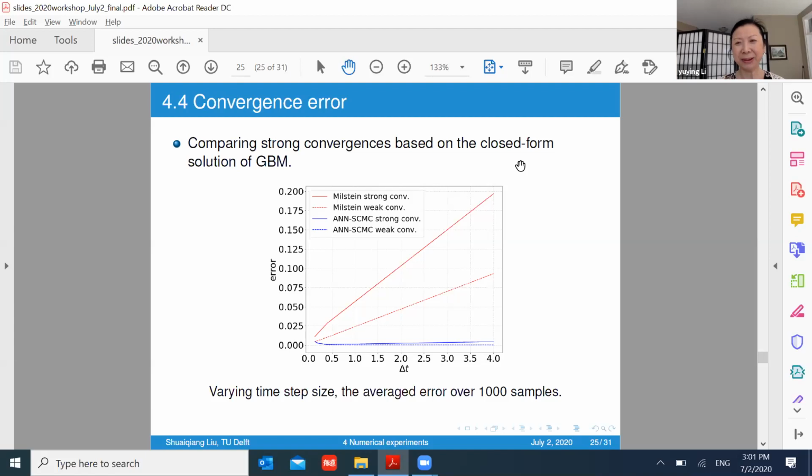Thank you. Let's see if the screen sharing works. Swai Cheng can maybe stop sharing the screen. So Swai Cheng, can you stop sharing your screen? And then it's Yuying.